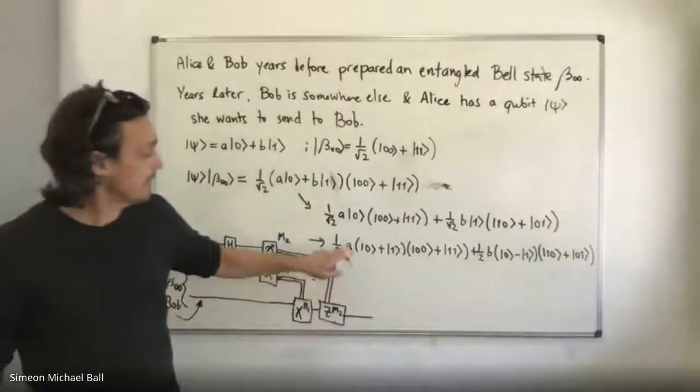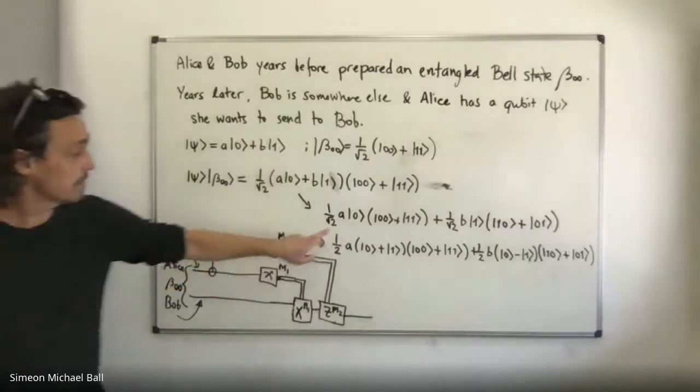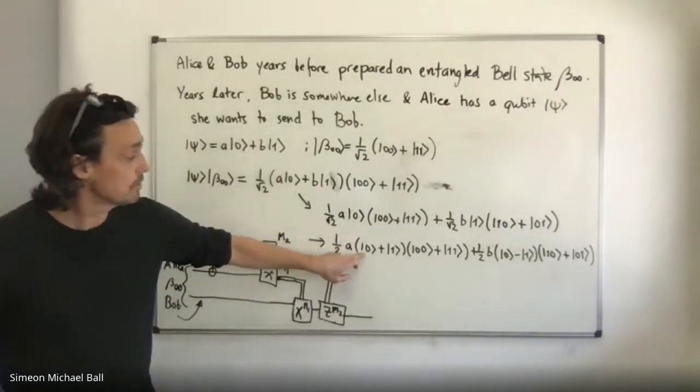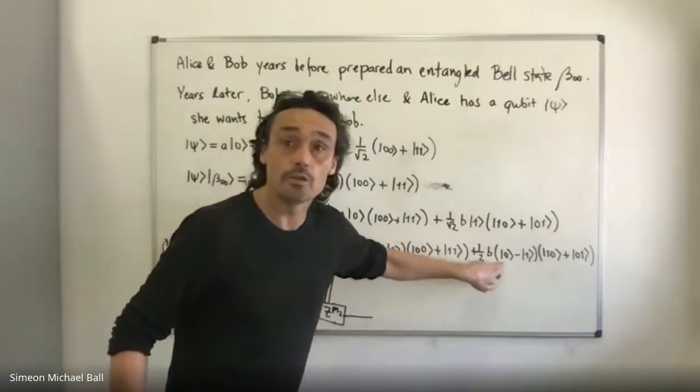The only thing I did there was apply the Hadamard to the first qubit, so the 0 goes to 1 over root 2, 0 plus 1, and the 1 goes to 1 over root 2, 0 minus 1.